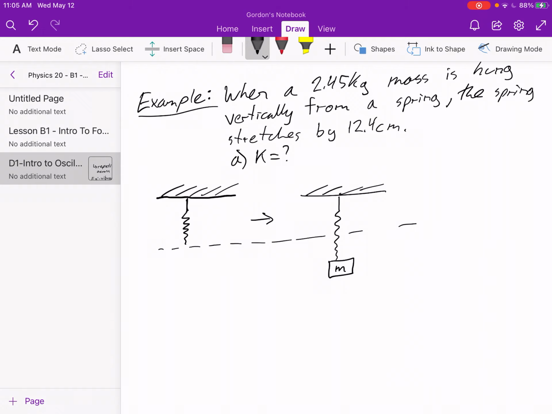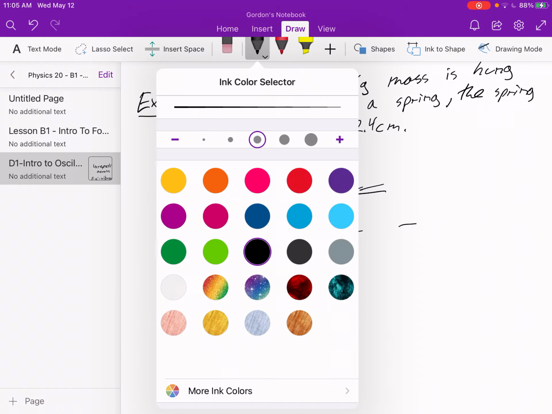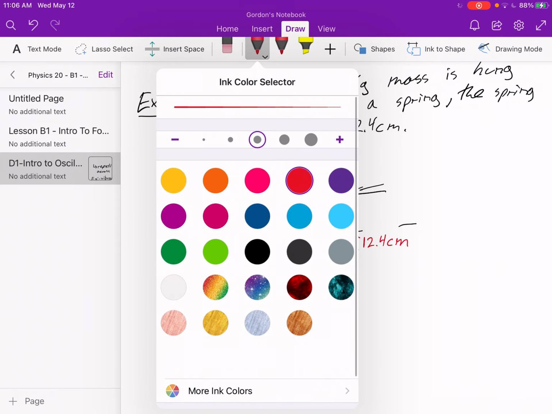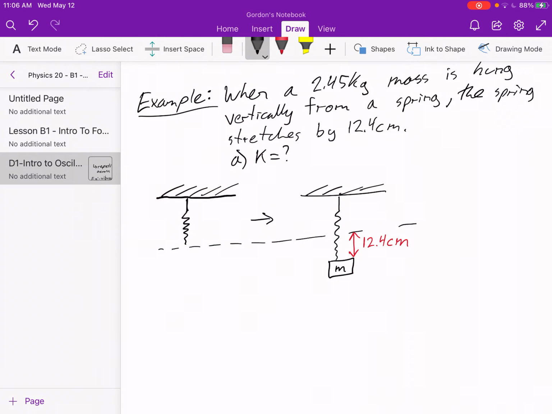And this mass is 2.45 kilograms there. And so this spring has now been stretched an additional 12.4 centimeters. And so we want to know what stiffness of spring is going to cause the mass and the spring to stretch this distance.